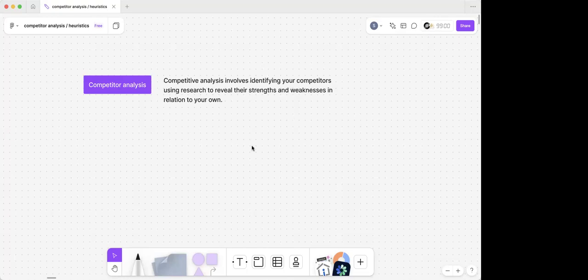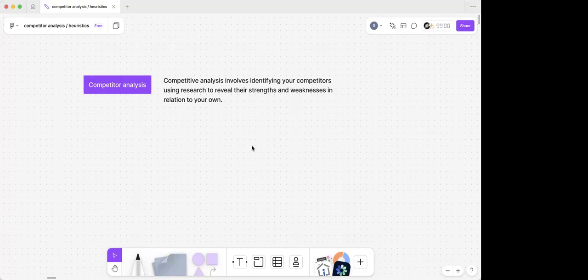In the last session we learned about how to do research, and a lot of you are going with the Google survey part, correct? So these are some primary ways of doing the research, and again to do competitor analysis we'll be using some of those methods, and then we'll be revealing the strengths and weaknesses.